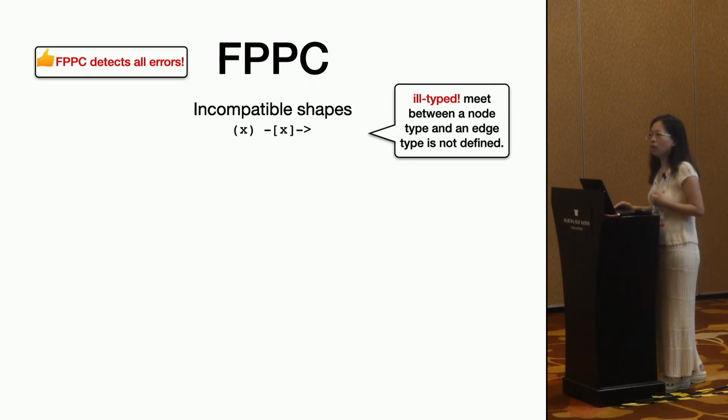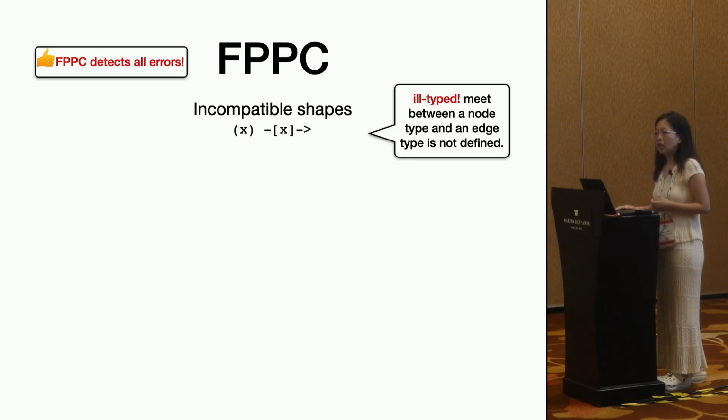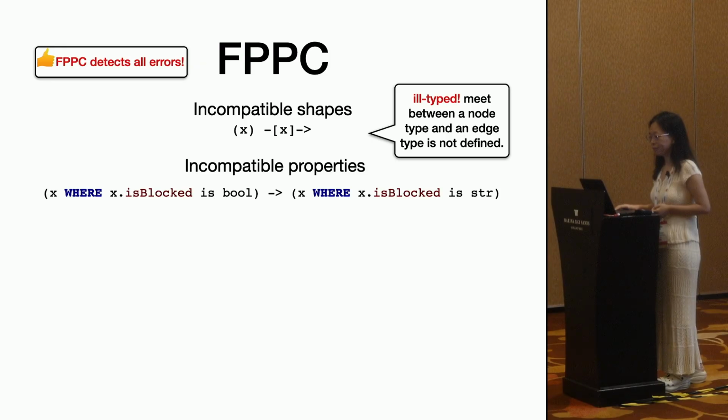And the type system of our FPPC can detect all errors from the previous examples. For example, the first example, the incompatible shapes, is ill-typed because the meet between a node type and an edge type is not defined.